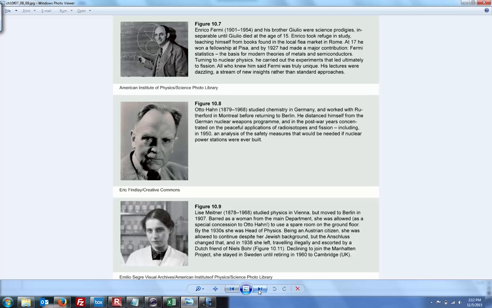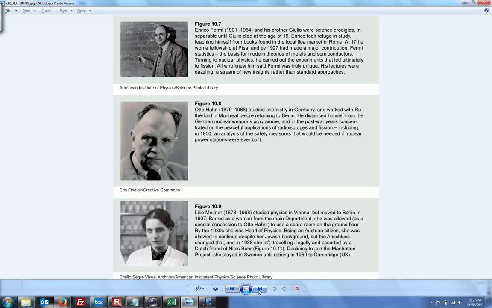This had to be done prior to developing atomic weapons, and he did it under the stadium in Chicago. If you're ever through Chicago, you can actually walk in. They've preserved the lab. You can see the original experimental setup. It's quite something.